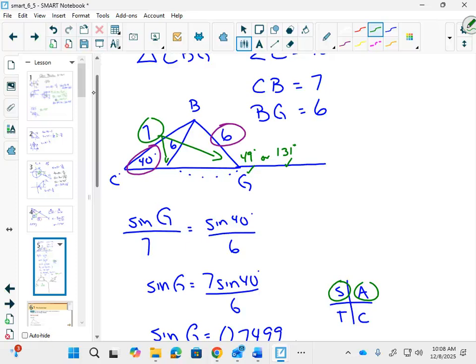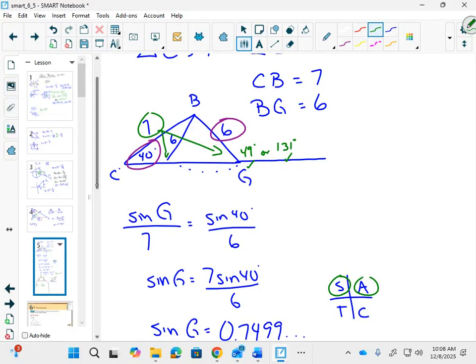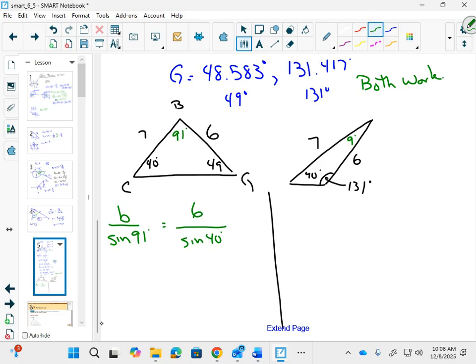Sometimes the bigger one doesn't work because they don't add up. And if there's going to be no answer, maybe I'll make one that has no answer so you can see what happens on your calculator so you don't freak out after we're done this. But yes, if both of them work, you have to do both triangles and solve for everything on both triangles.